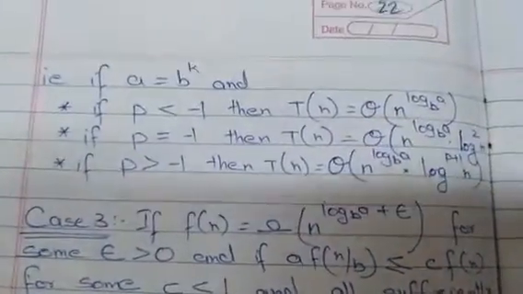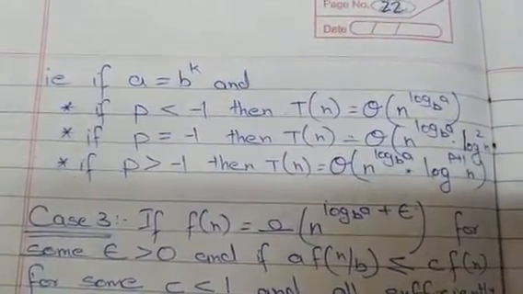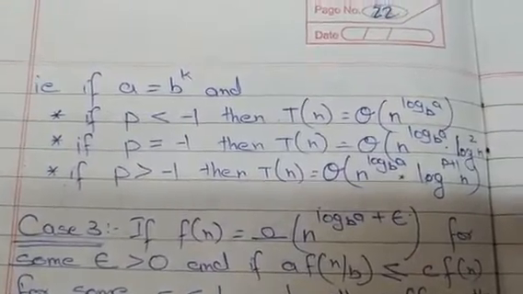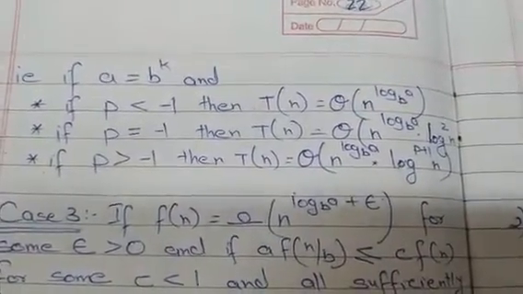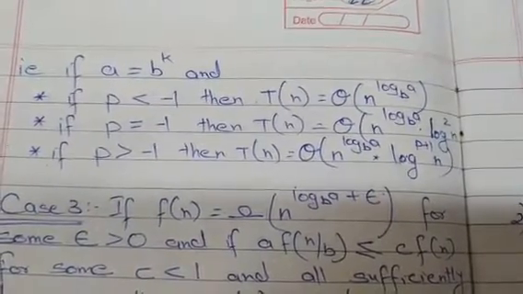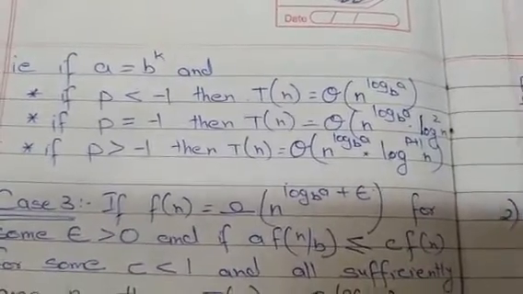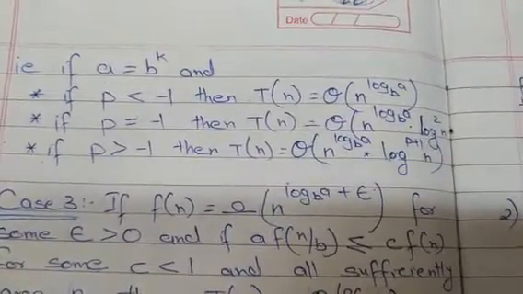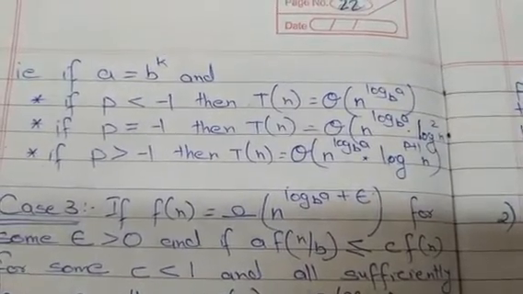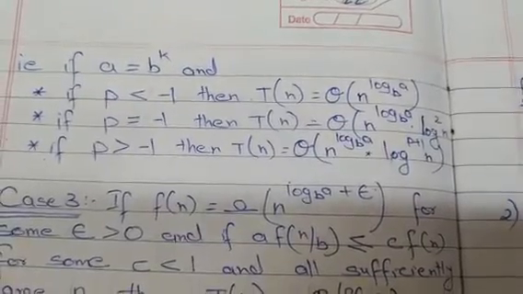Then there are 3 conditions. If p less than minus 1, then T of n is equal to theta n log a to the base b. If p equal to minus 1, then T of n is equal to theta n log a to the base b log square n. If p greater than minus 1, then T of n is equal to theta n log a to the base b into log p plus 1 n.